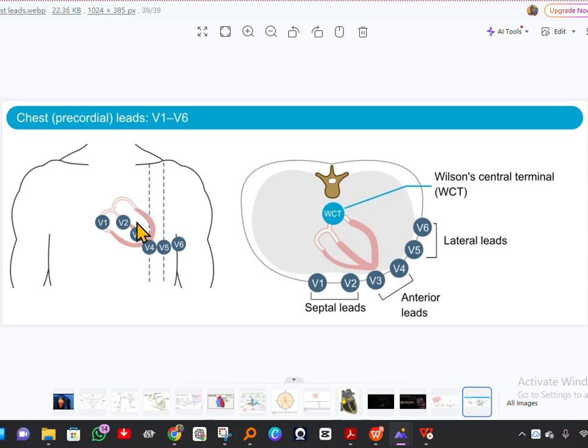So why is it that V1 and V2 give a negative deflection of ventricular depolarization? It is because when the impulse has moved from the atria towards the ventricles, the depolarization wave of the ventricles is going in this direction.